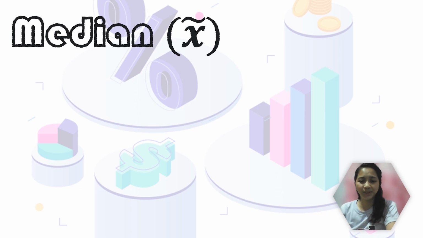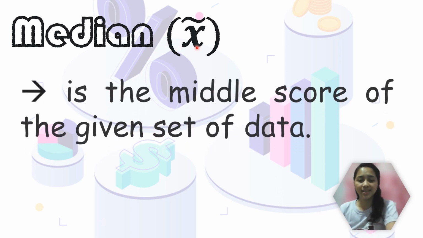Median, which is denoted as X tilde, is the middle score of the given set of data. Remember, arrange the given set of data in ascending or descending order. Then find the middle score. If the number of the given set of data is even, add the two middle scores, then divide it by 2.